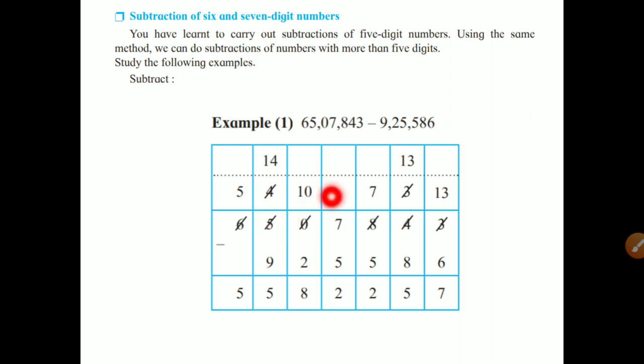This will make 10. 10 minus 2, 8. 4. Now 4 minus 9 not possible, again we will borrow from 6. This will make 14. 14 minus 9 is equals to 5 and 5. So this answer is 55,82,257.